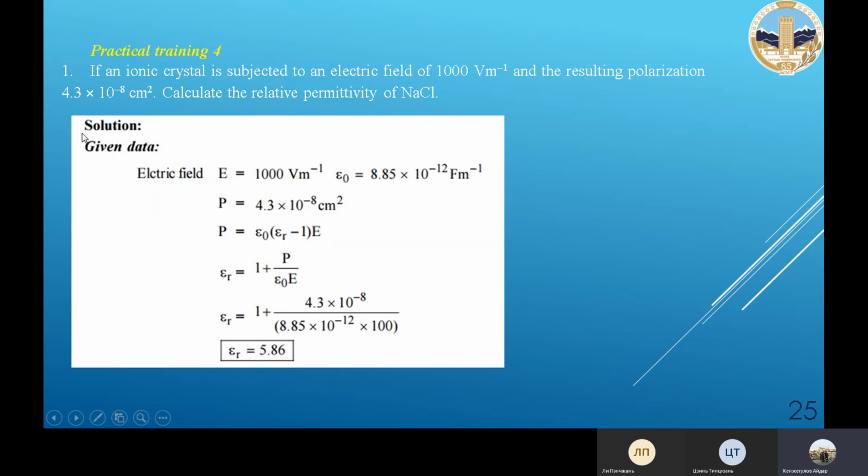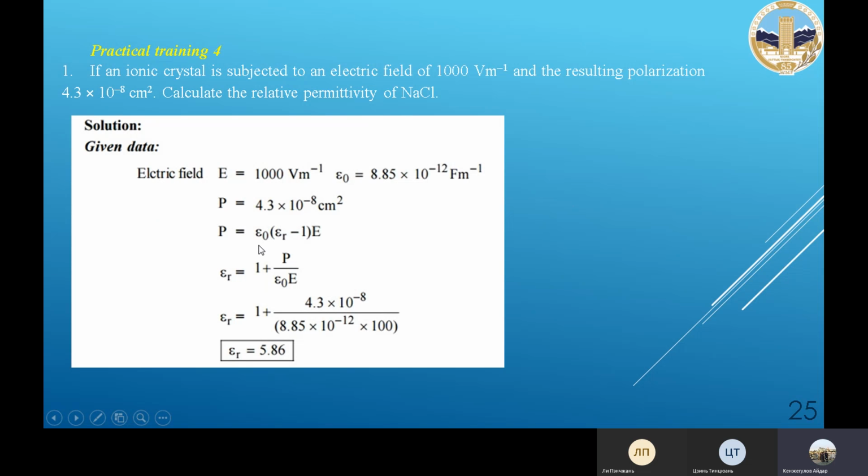So in the exercise we are given data: this is the electric field, and the permittivity of this one, natrium. We have the polarization.